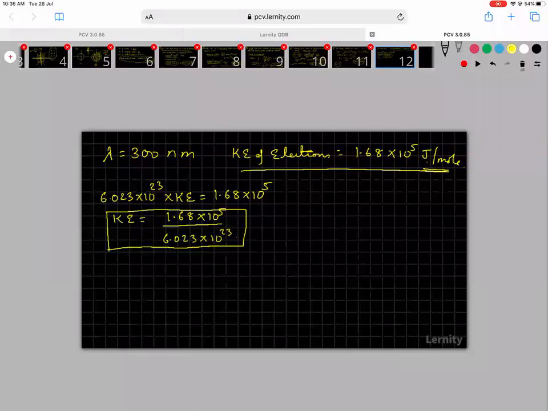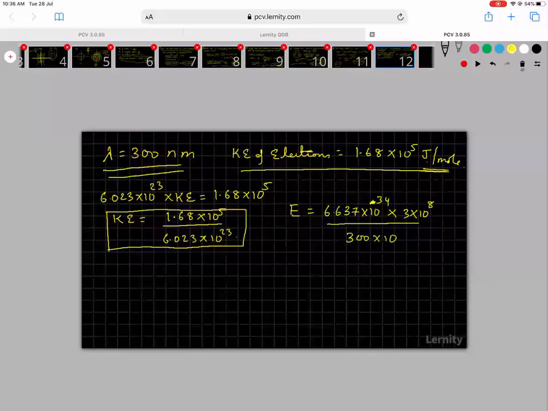Now the incident photon has lambda this much. So the incident energy E should be equal to 6.637 into 10 power minus 34 into 3 into 10 power 8 divided by 300 into 10 power minus 9 nanometer.